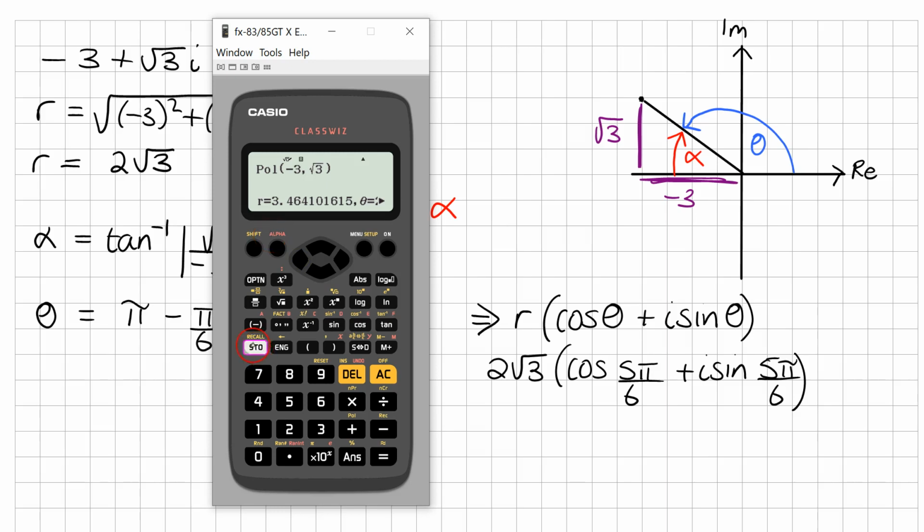So if I recall x, I get 2 root 3, which is what I have for my r. And now I'll recall y, and I get my 5 pi over 6. So they can be really helpful in getting exactly the angles that you actually require and the r, and at least then you can force your answer to work.